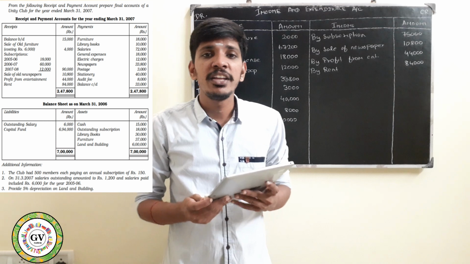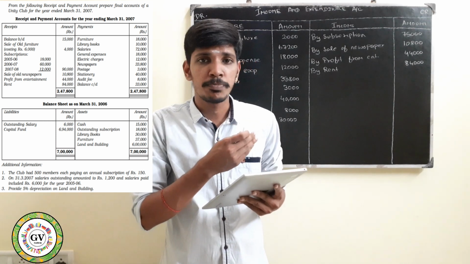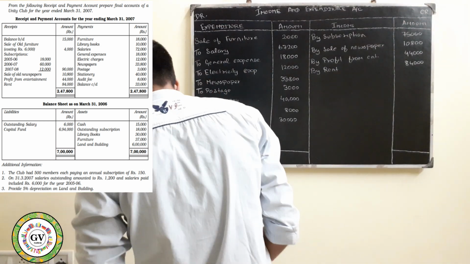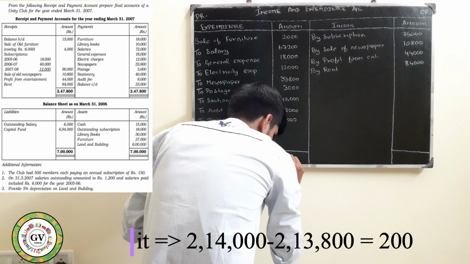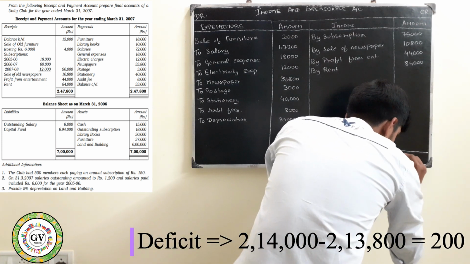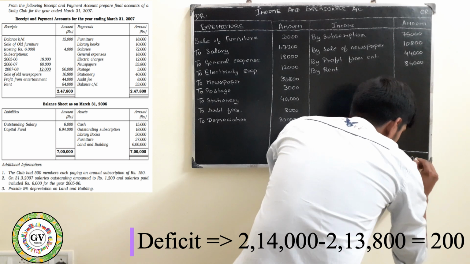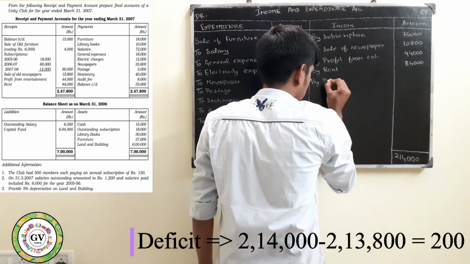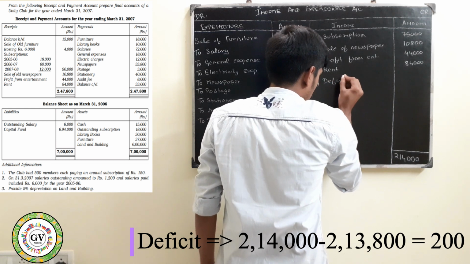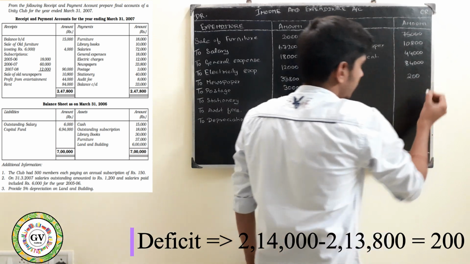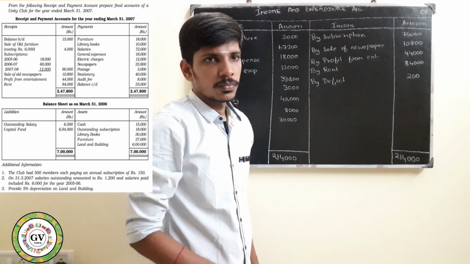Now we shall find the deficit or surplus in the income and expenditure account, which needs to be added to the opening capital given in the opening balance sheet. With this, the total comes to 2,14,000 and there is a deficit of rupees 200, which will be subtracted from the capital calculated in the opening balance sheet.